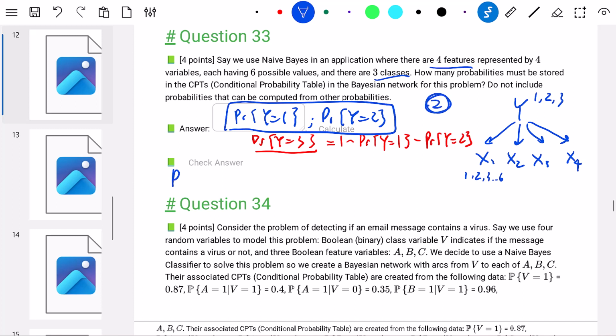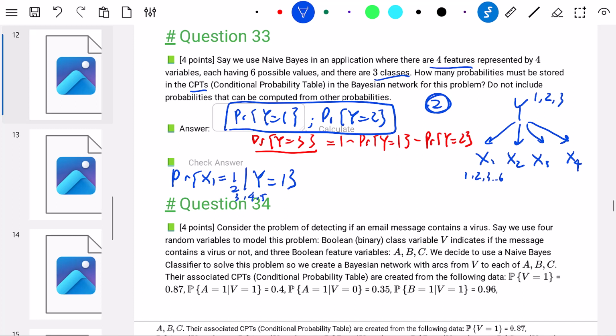Okay, now let's move on to the probability of x1. By definition, the conditional probability tables are the conditional probabilities of each variable conditioning on the parent. So x1 needs to be conditional on the parent Y, and Y can take on 3 values, so let's start with 1. We need x being 1, 2, 3, 4, and 5.